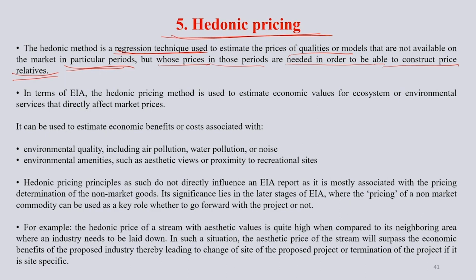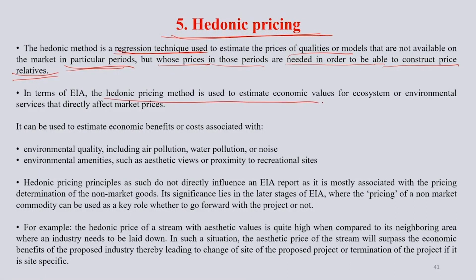But when you start the project, you also need to estimate those prices. So, even though those things are not available in that particular period, their prices in those periods are still needed in order to be able to construct a price relative. Now, how do you do that? That is what hedonic pricing helps you with.